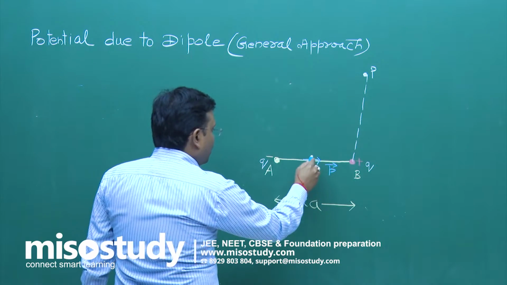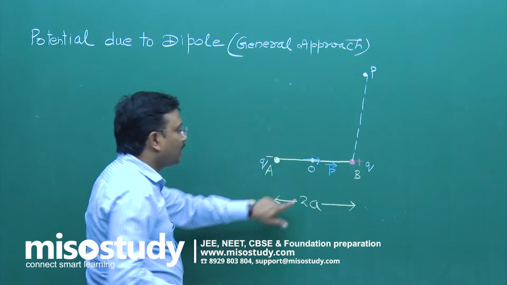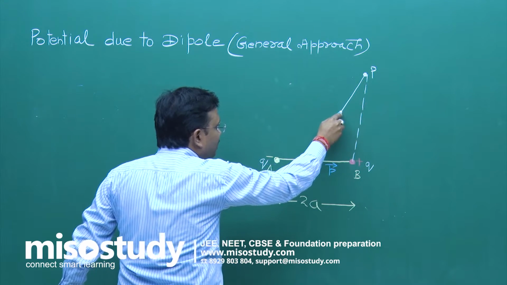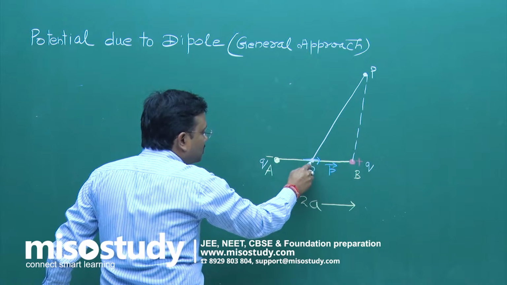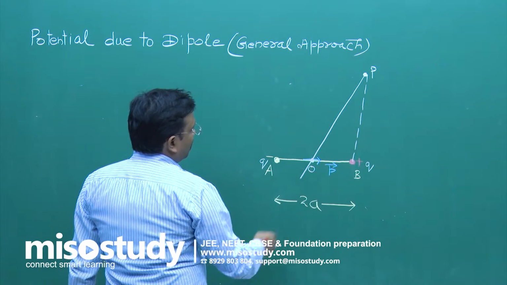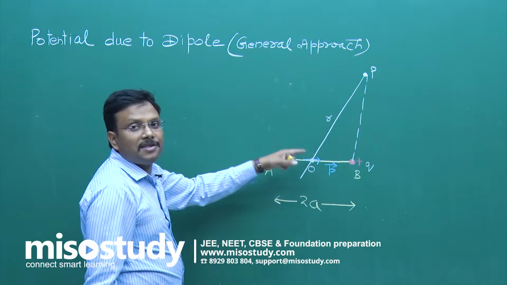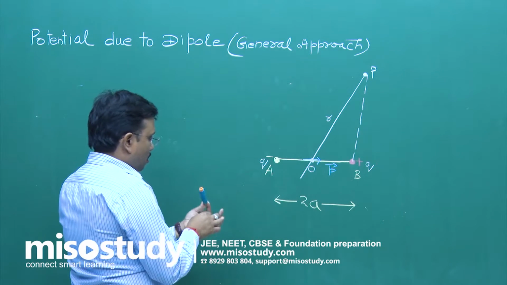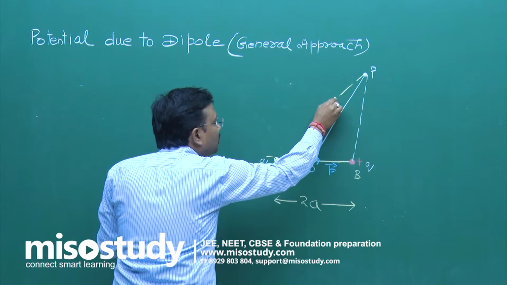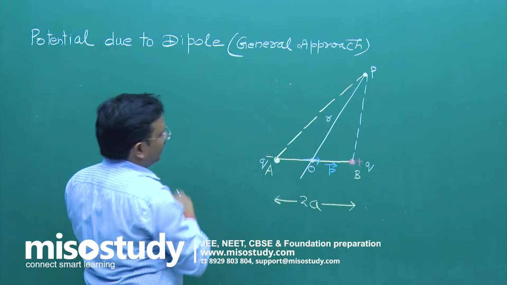Let us say this is point O, the center of the dipole. Draw a straight line like this. Let us say this is r. OP is r. Fine. Now join point P with point A like this.